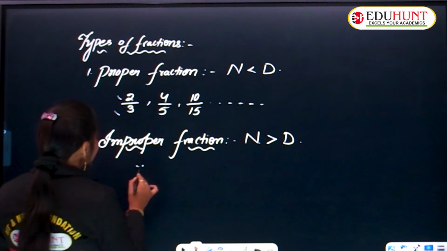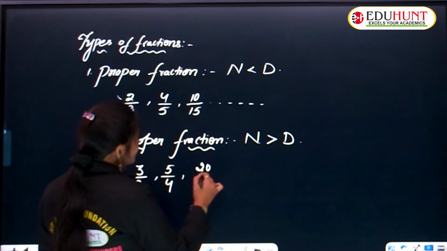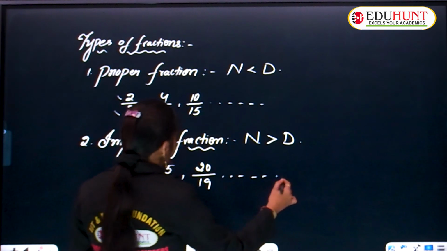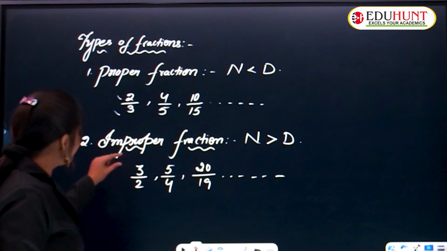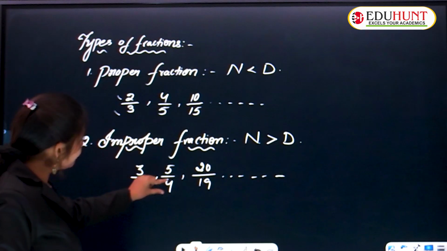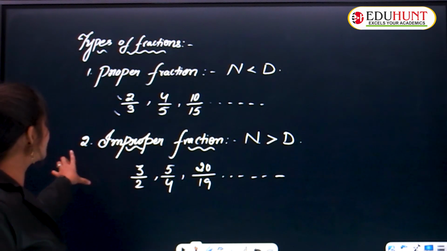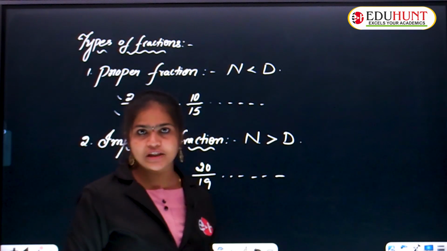Which means, just like 3 by 2, 5 by 4, 20 by 19 and so on. Just observe that here the numerator values are greater than the denominator. 5 is greater than 4, 20 is greater than 19 and so on. So this kind of fractions are called improper fractions.